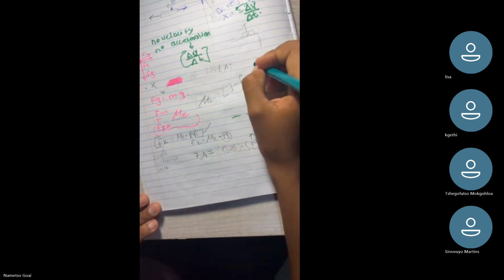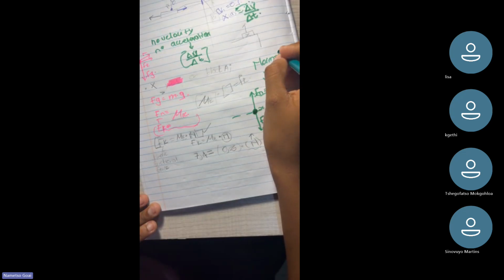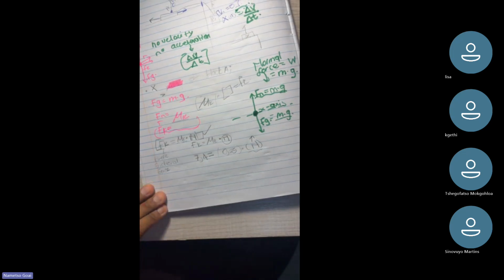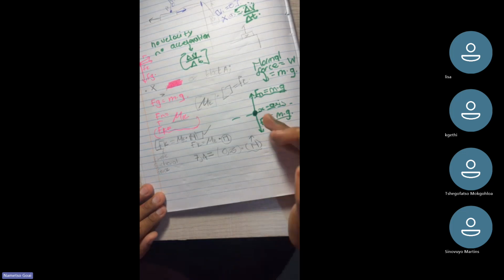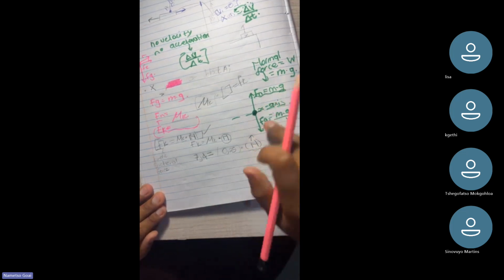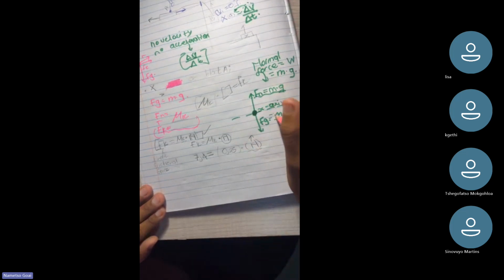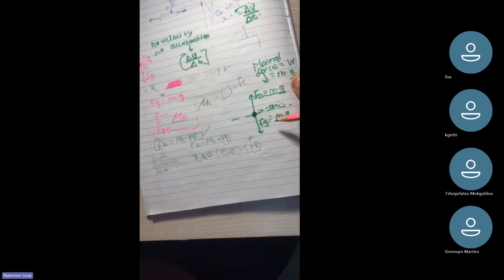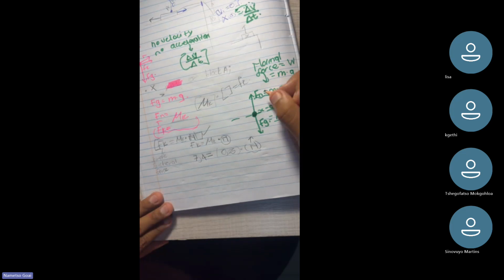If somebody didn't know, just write it down somewhere: normal force equals the weight, which equals m dot g. Just remember that it's acting in the opposite direction to Fg, but they are the same. When we calculate Fg, we have m dot g, which means Fn will be m dot g.